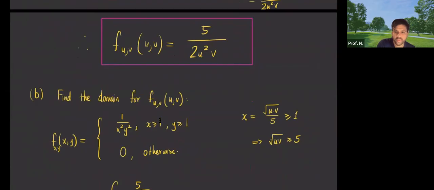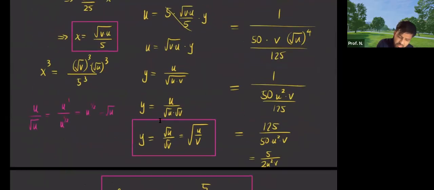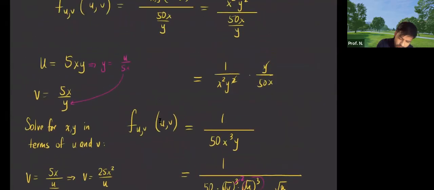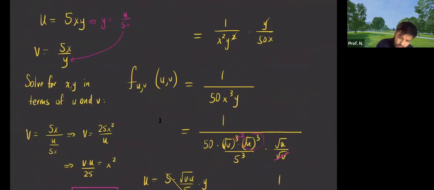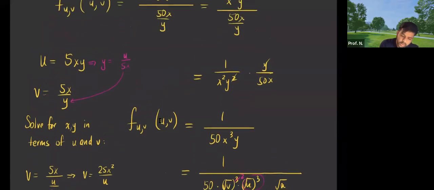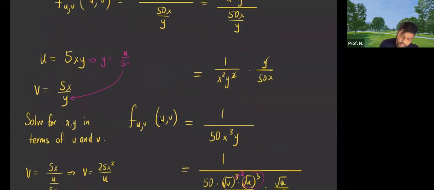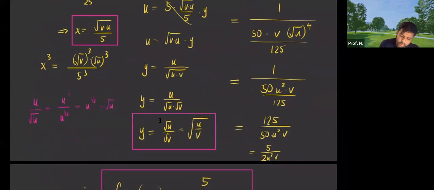I'm going back with solving for x and y, just wanting to make sure that this is okay. y is the square root of u over v, so we plugged in, yeah, this should be correct.